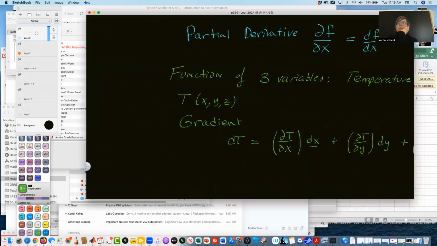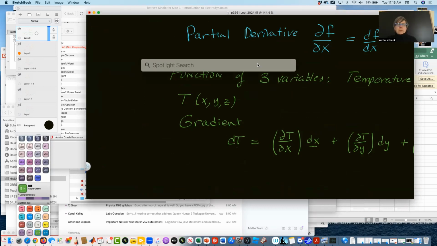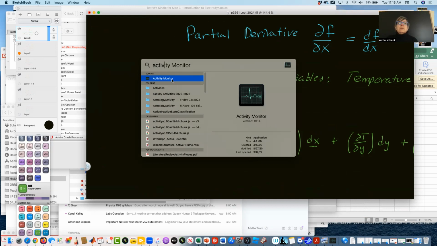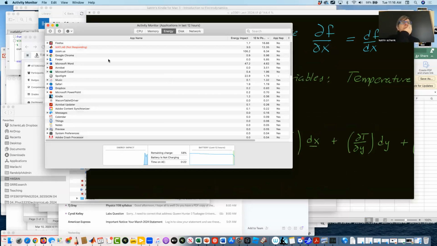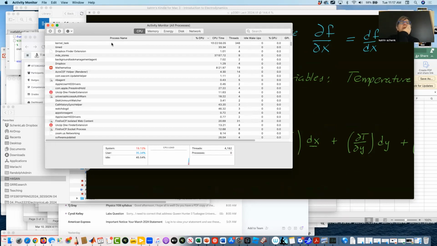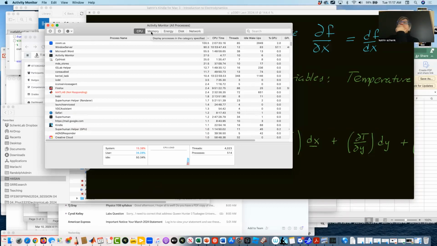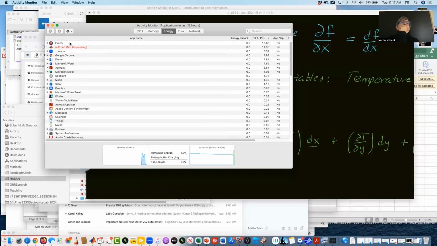Everything is so slow. What's using all the CPU? I guess Zoom. Firefox. Am I using Firefox at all right now?